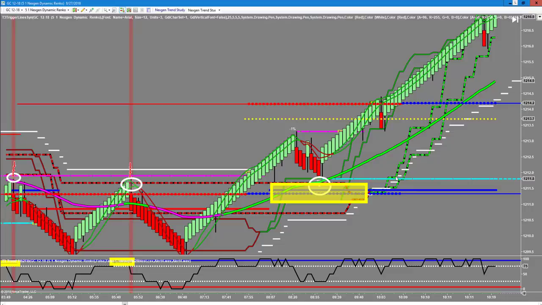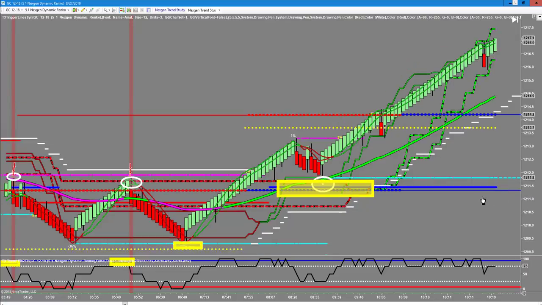Again, if you get a whole mess of blue lines or a whole mess of red lines, it changes the complexion. You may say to yourself, if I've got a bunch of blue lines, I only need one of the two triggers. And again, you guys have to have your own trading plan, but food for thought as we go through and review charts.